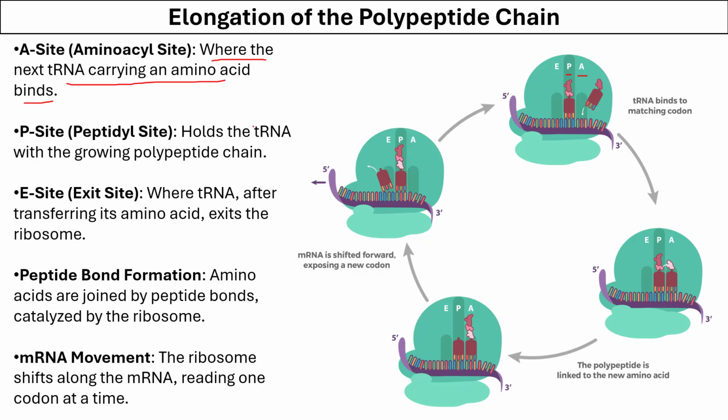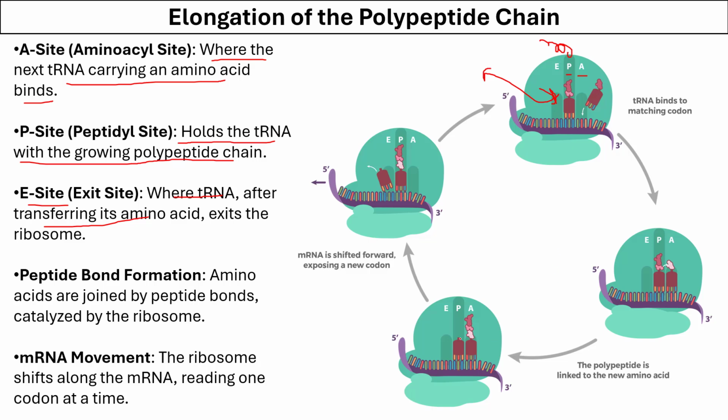The P site is the site that holds the tRNA with the growing polypeptide chain, and the polypeptide chain keeps building here. The E site is another site on the ribosome where your tRNA, after transferring its amino acid, exits.